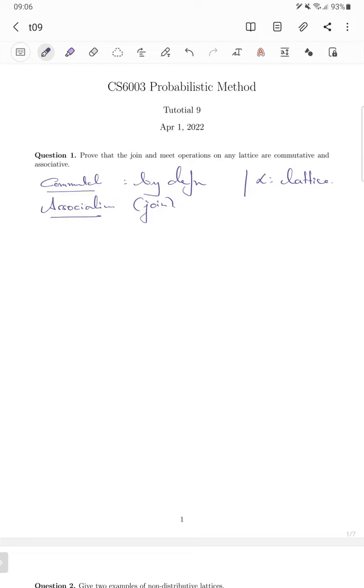commutativity is true because again we only define the upper bound as something, you know, U is equal to say X join Y. This is equivalent to two conditions, right? Both X and Y should precede U, and second condition says for any U prime which satisfies condition 1, our bound should be before that, right?